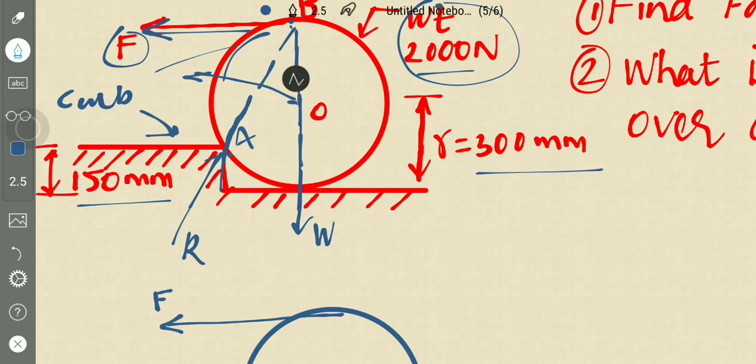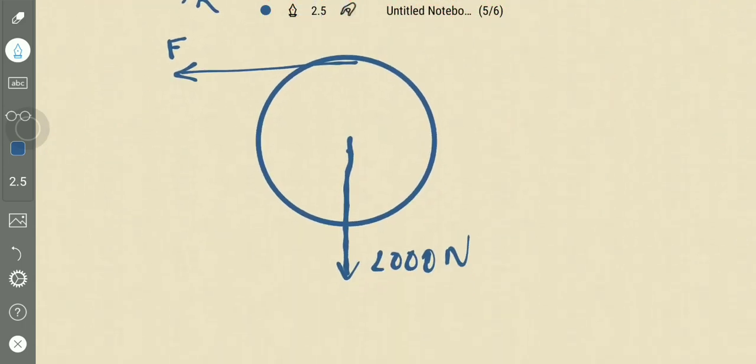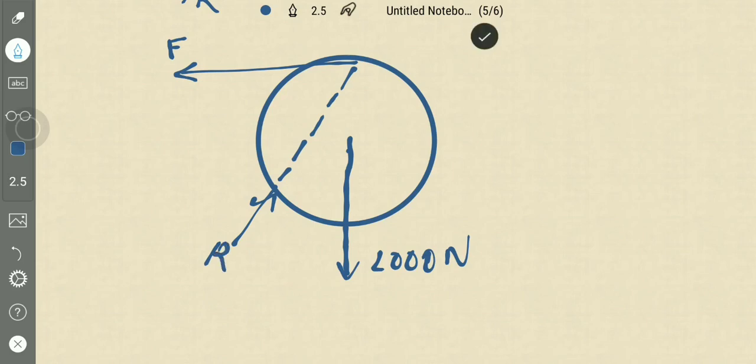Reaction acts in a direction such that it meets at this point B. So reaction will be like this. This is reaction.